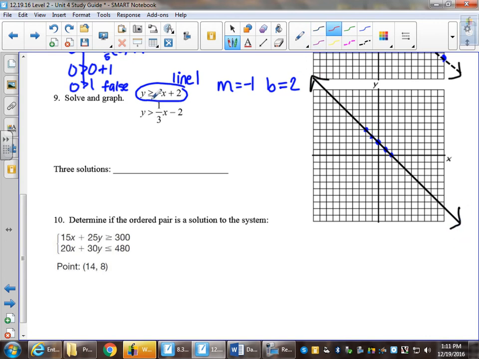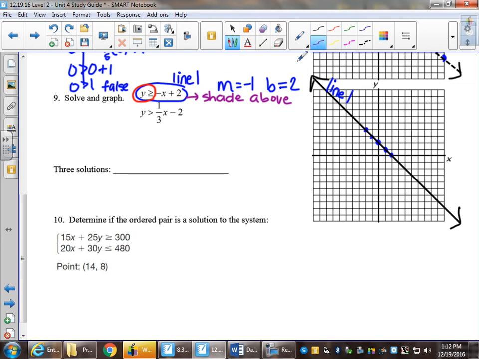This is really nice because it's already solved for y. Y is greater than. So my question to you, if it says y is greater than, are you going to shade above or below? Greater than means shade above. So make note of that, and we can label this line 1, but we're not going to shade yet, not until we have our other line graphed.